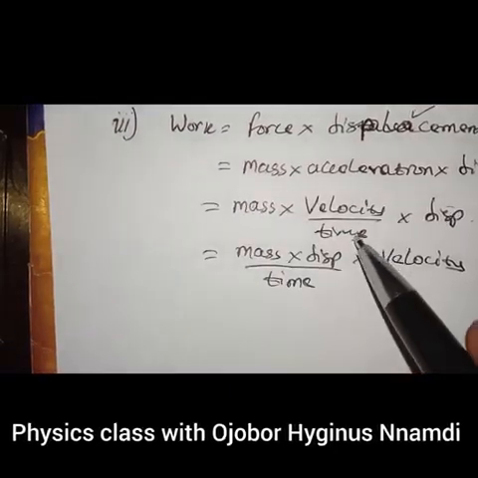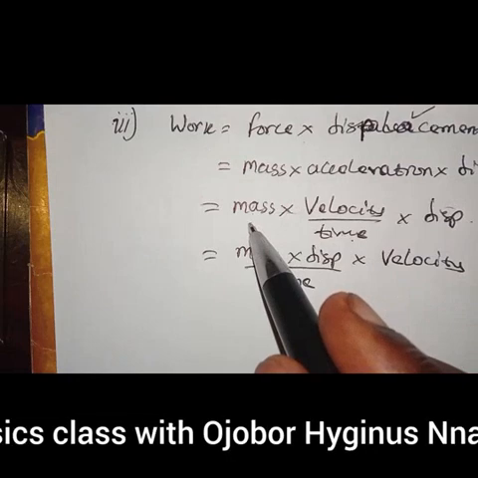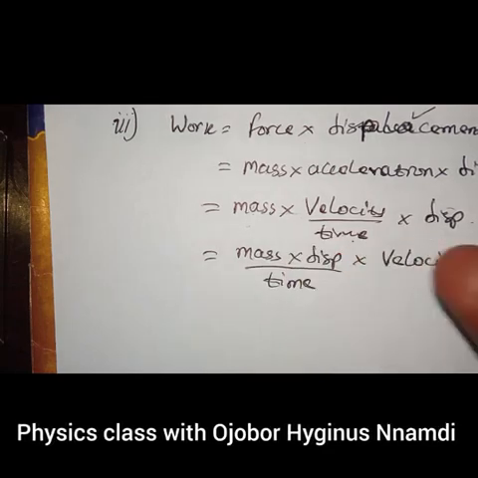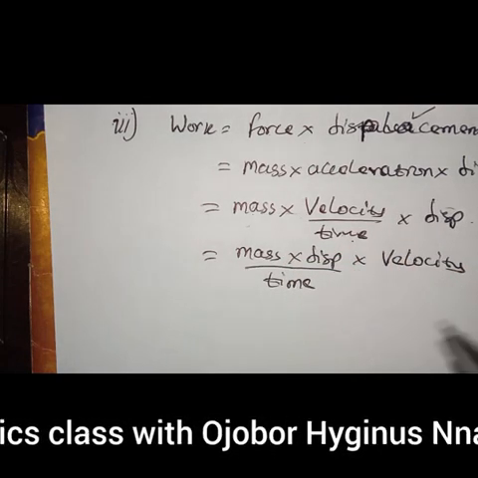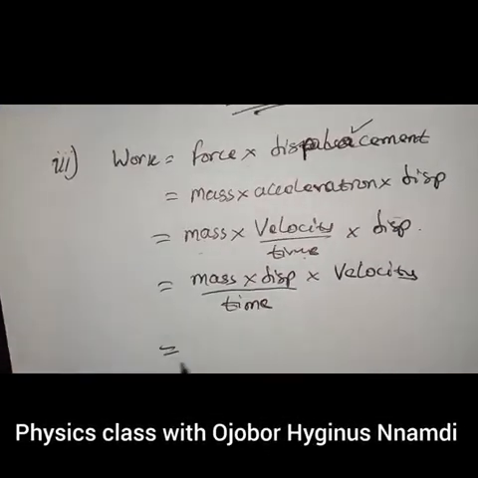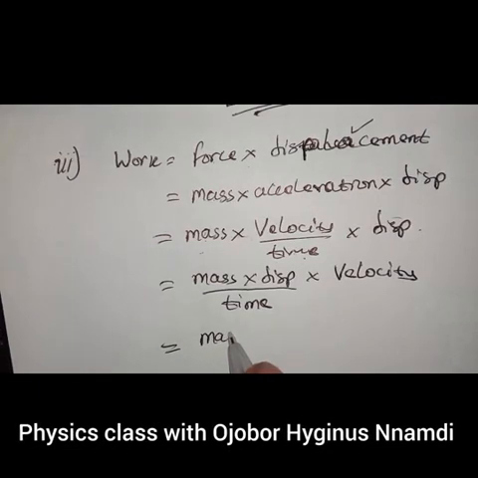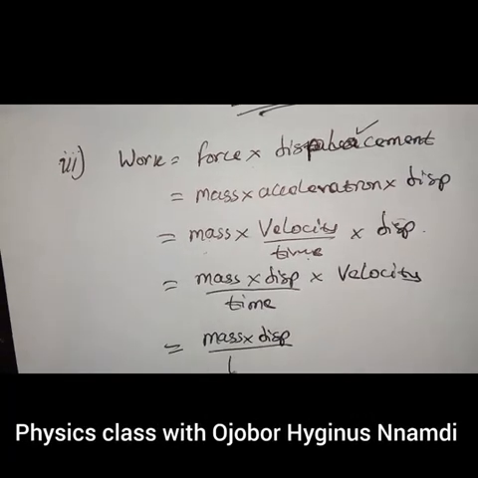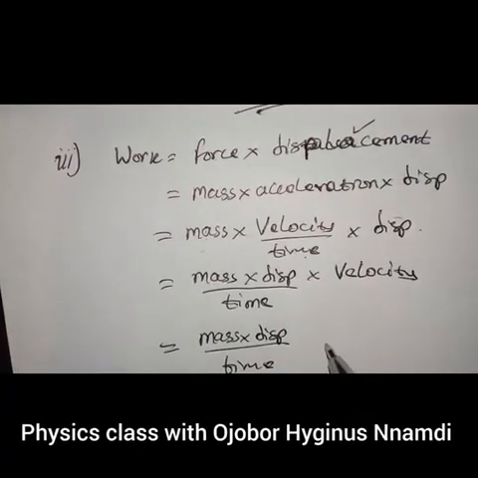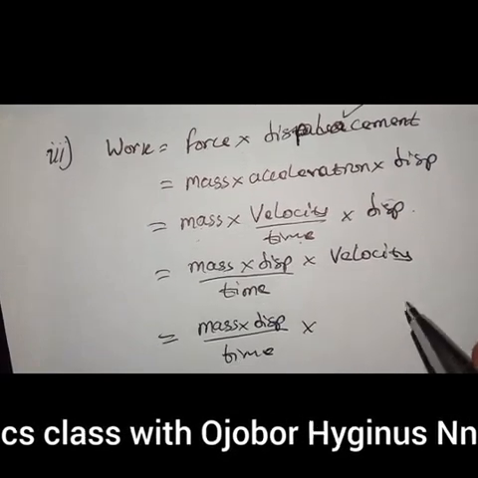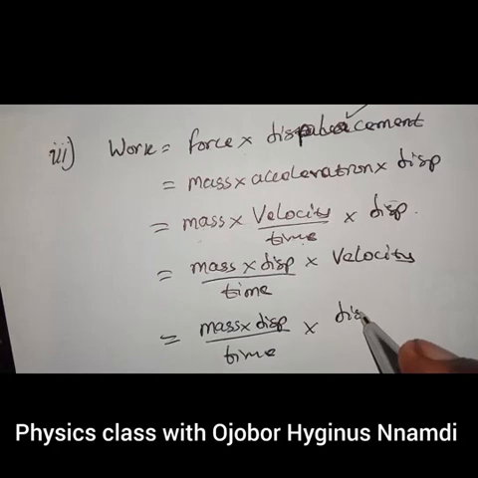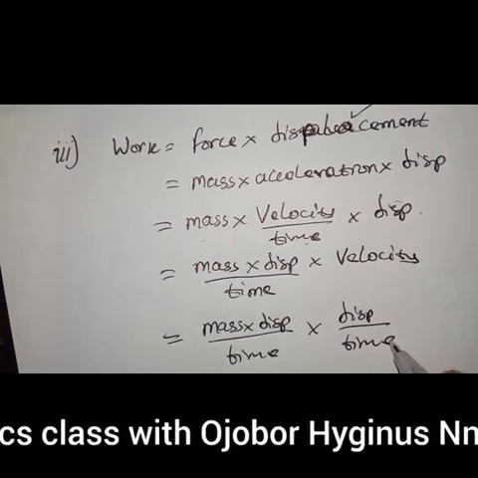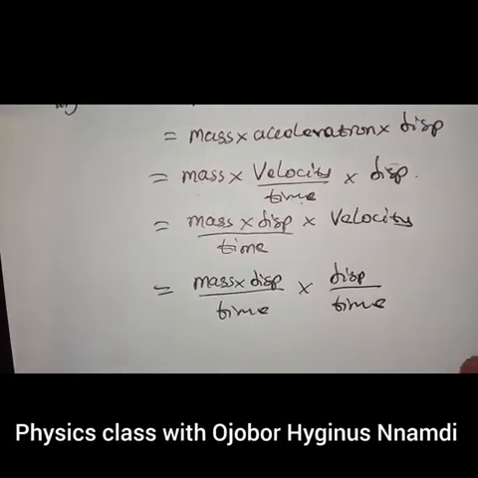So I have not done anything wrong by moving the time, because that's the only quantity at the denominator. So this is equal to mass times displacement all over time, then times velocity, which is displacement over time. From our definition, from the formula, you have this.